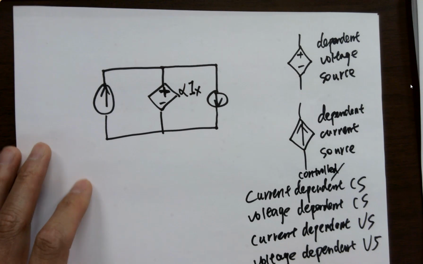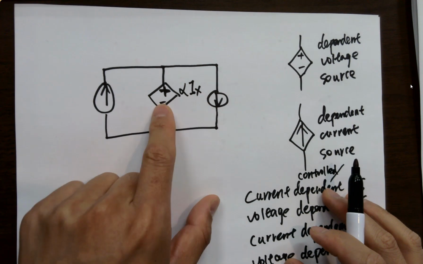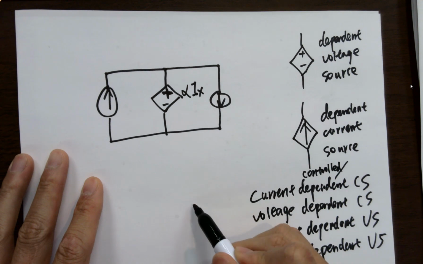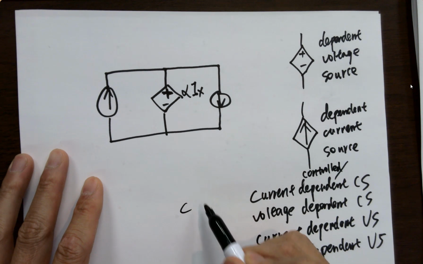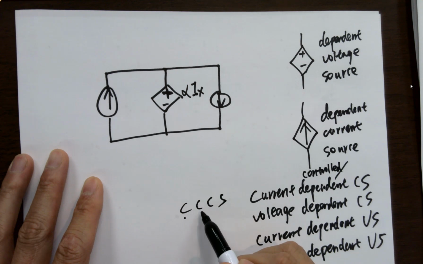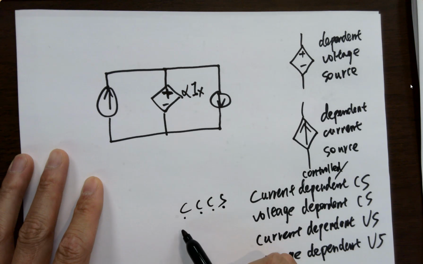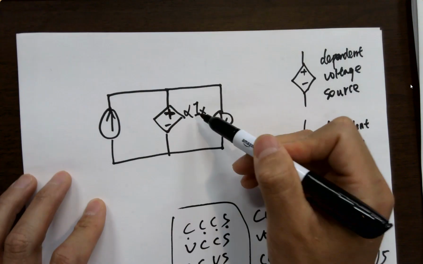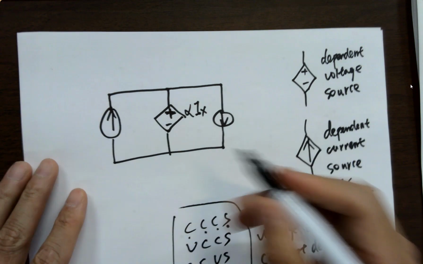Yes, because the current is the variable and this is the voltage source, right? For short, for all the names, sometimes you can see CCCS, current controlled current source, VCCS, voltage controlled current source, CCVS, current controlled voltage source, or VCVS, voltage controlled voltage source. 4 names, okay. And this one is definitely a current controlled voltage source.